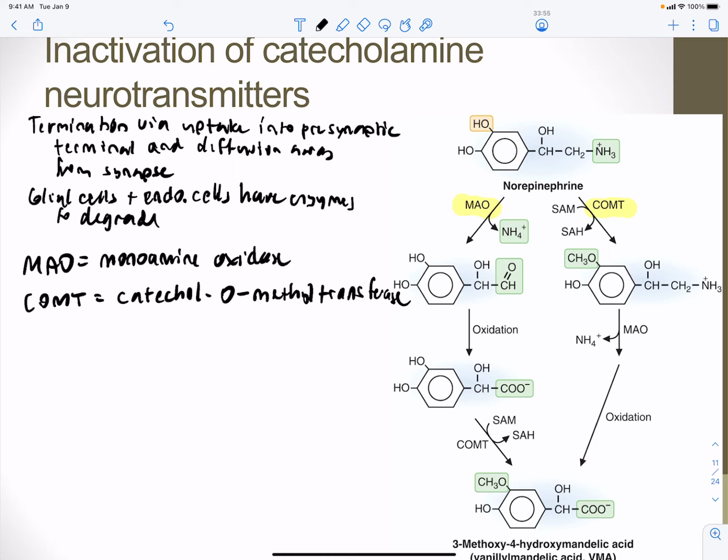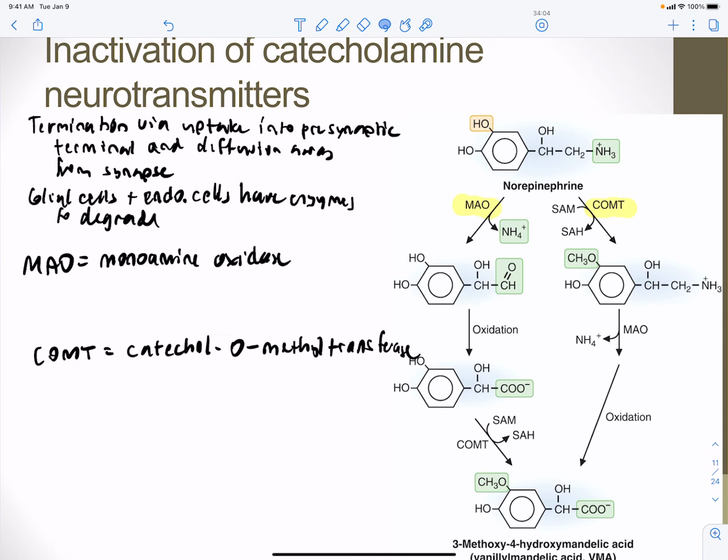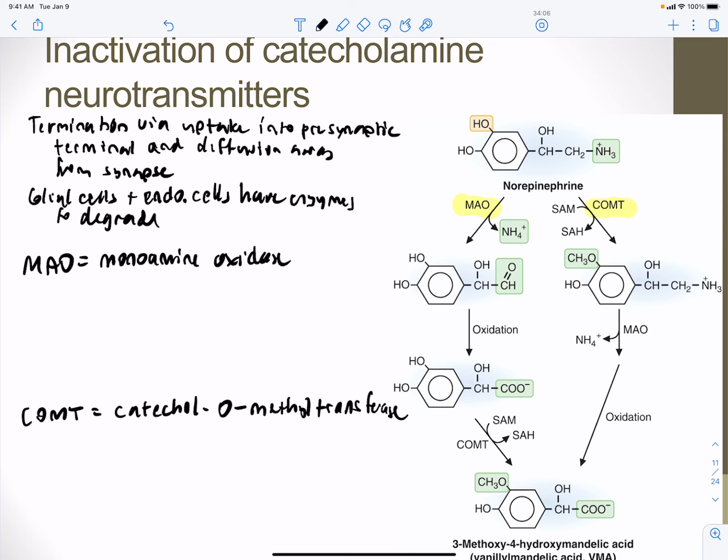Now, MAO is going to be present in the outer mitochondrial membrane. And it's going to oxidize the carbon containing the amino group and release an ammonium ion.